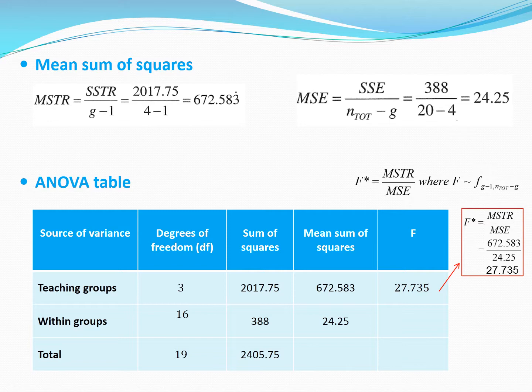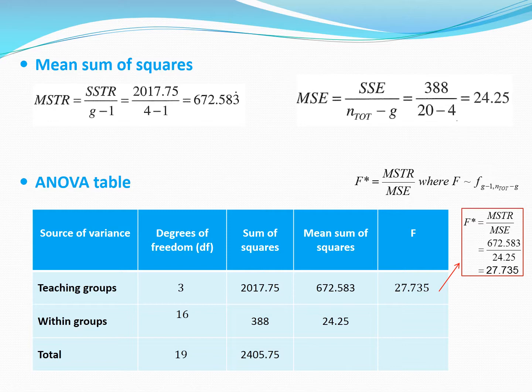We already calculated the error sum of squares on the previous slide, and you divide that by your error degrees of freedom, and that will be the total number of observations, which was 20, minus your number of groups, which was 4, and that will amount to 24.25 for your mean error sum of squares.